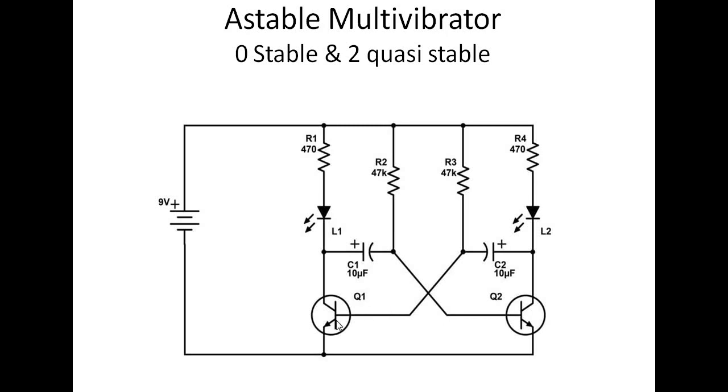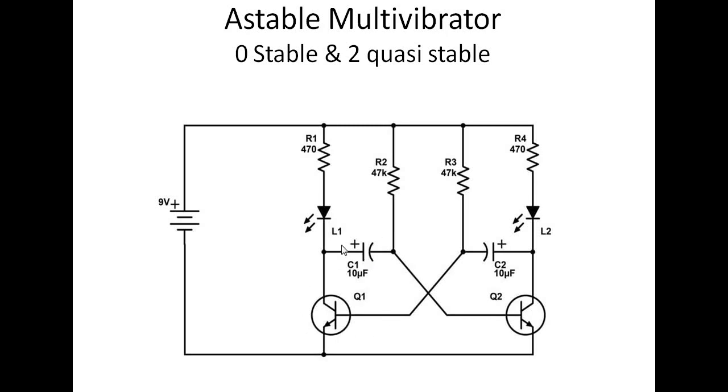So as beta values differ, we cannot expect both transistors to be switched on at the same time, right? Apart from the difference in betas, there would be differences in these resistor values, 47K, 470, 47K, 470, meaning that the 47K on the left hand side may not be equal to the 47K on the right hand side. So that's why only one of the transistors will be on at a given time.